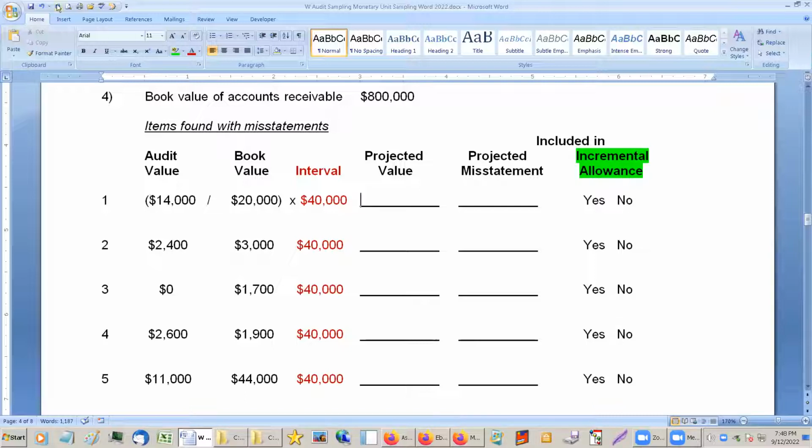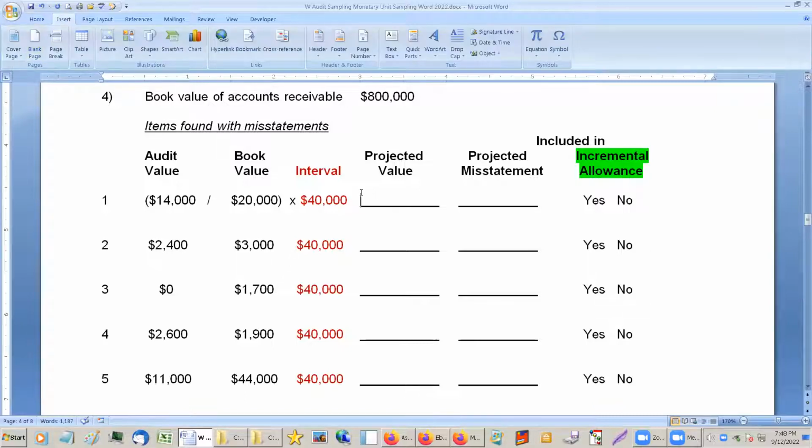Yep. Okay, so the projected value is 28,000. And so the projected misstatement is what, 12?